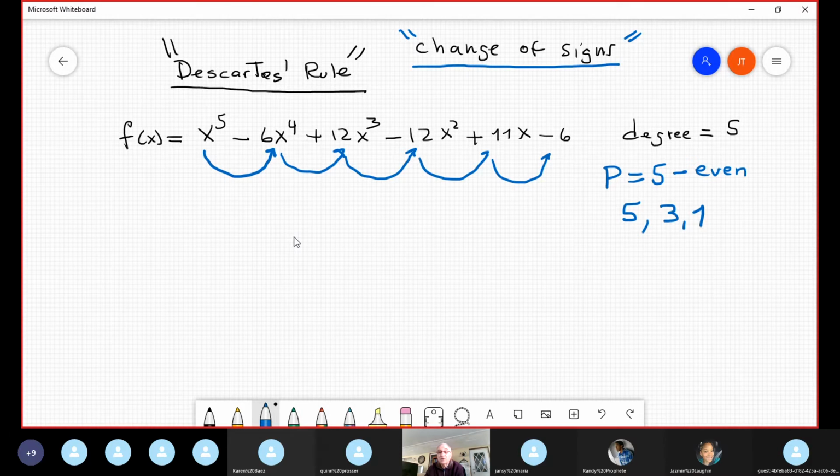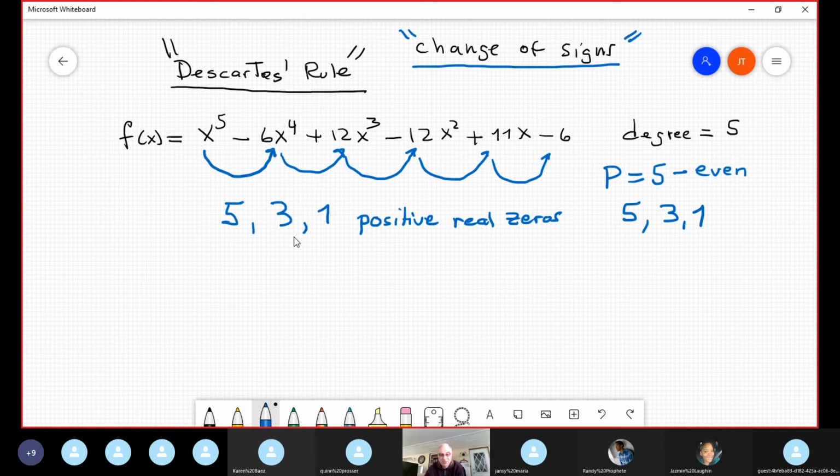You subtract an even number. 5 minus 2 is 3. 5 minus 4 is 1. 5 minus 6 is negative 1. No. Negative 1 has no sense. When there's negative, no. So that means that our polynomial has 5 or 3 or 1 positive real zeros. This is the combination.